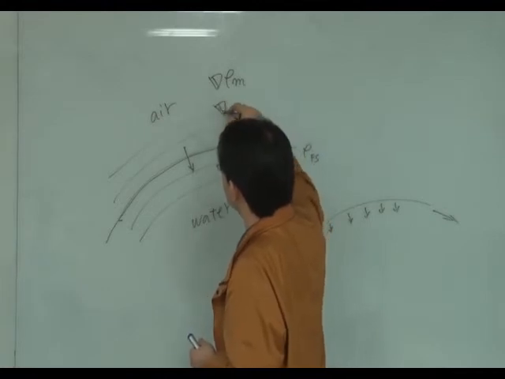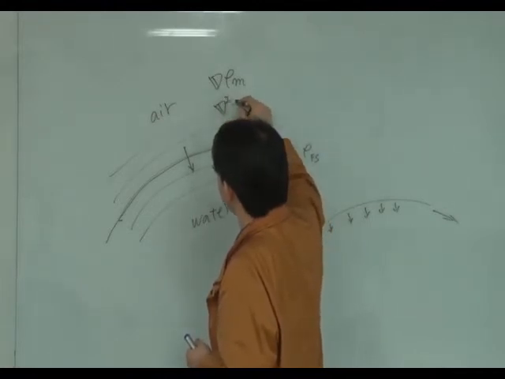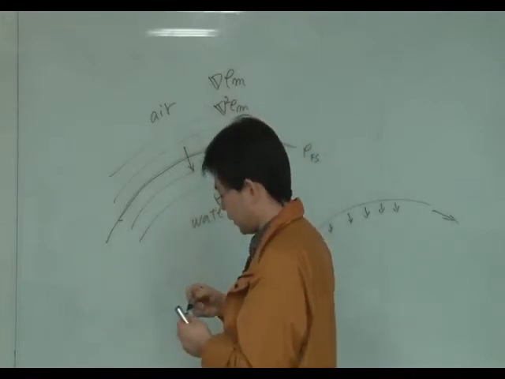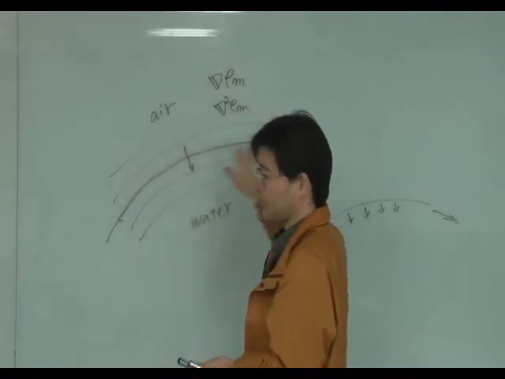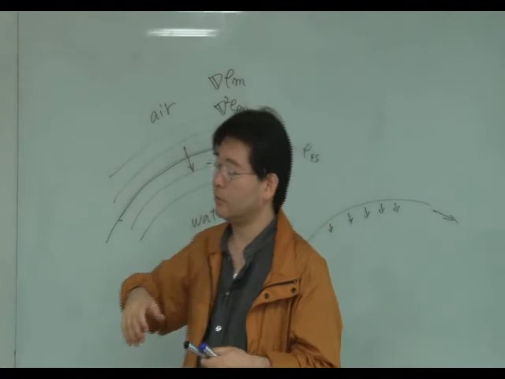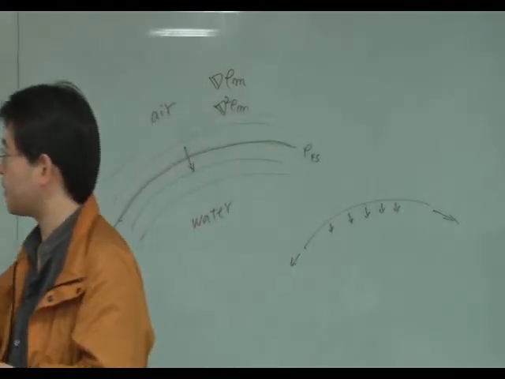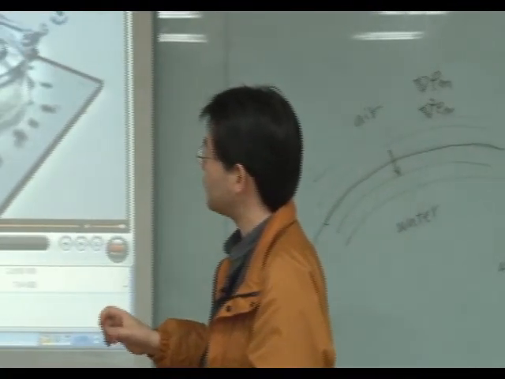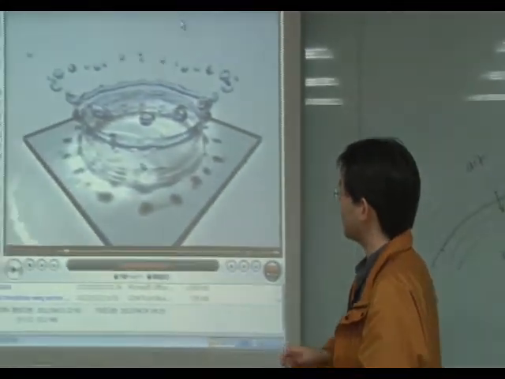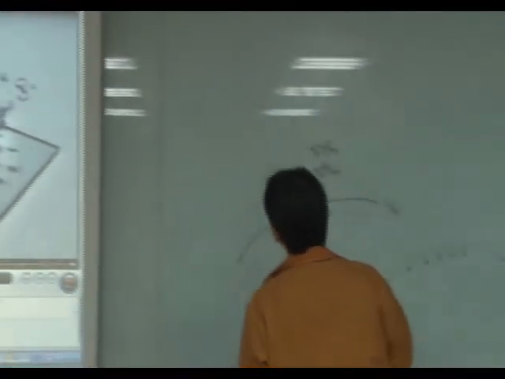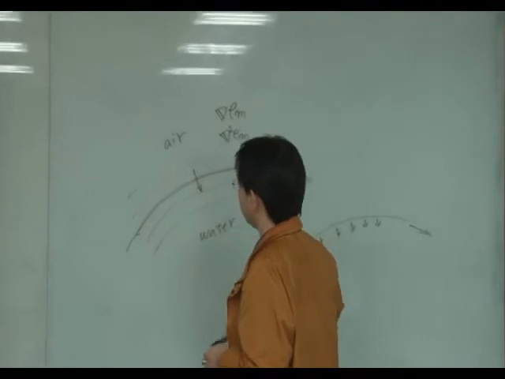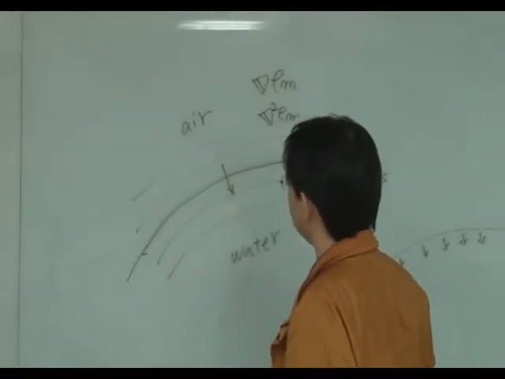And its Laplacian provides the information of curvature, how the free surface shape is curved, how small its curvature radius is. It is provided by the Laplacian form.